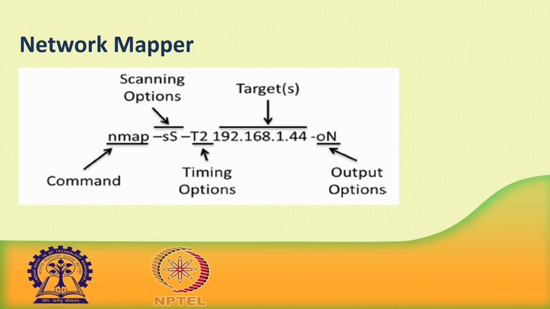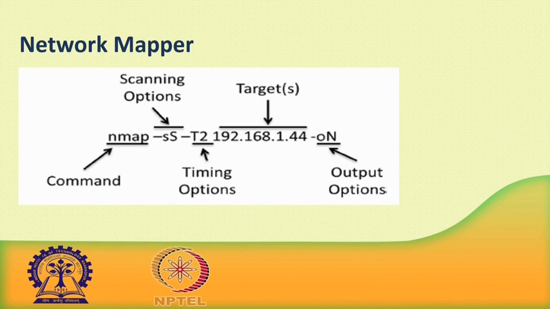Different timing templates are also there. T0, that is paranoid, T1 sneaky, T2 polite, T3 normal, T4 aggressive, and T5 insane. Nmap offers a simpler approach with 6 timing templates. You can specify them with the dash capital T option and their number from 0 to 5 or their name.